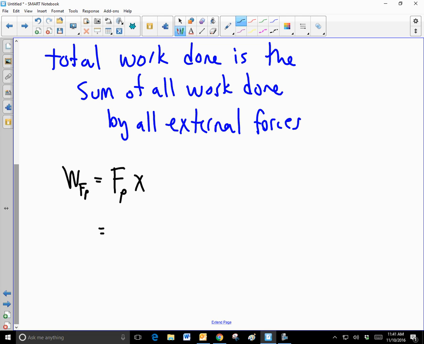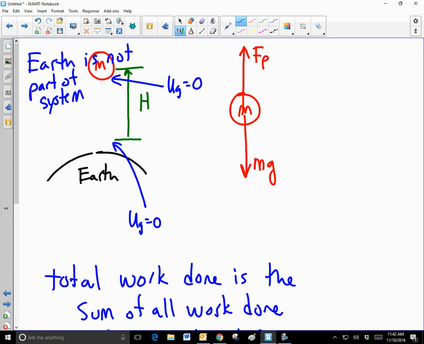I had to apply at least mg in order to make it go up. So the force that I pushed with is mg, and the height is h. So the work done by my push is equal to mgh. Everybody okay with that idea? That I applied a force upwards of Fp, which is equal to mg, and I pushed it up a distance h.